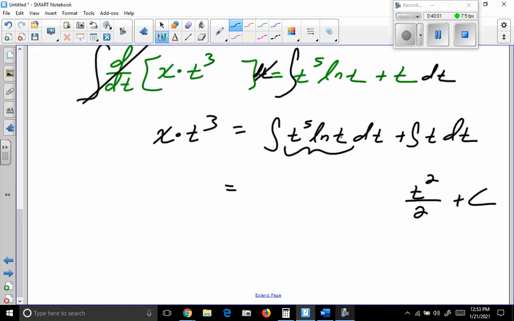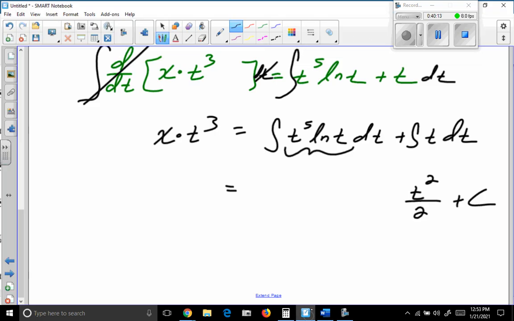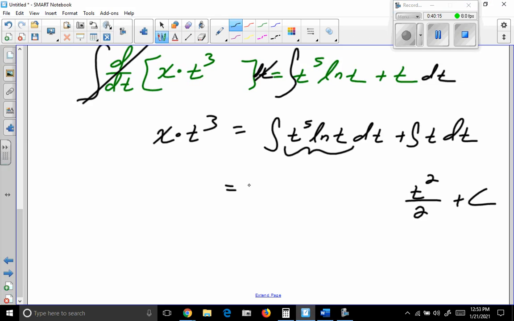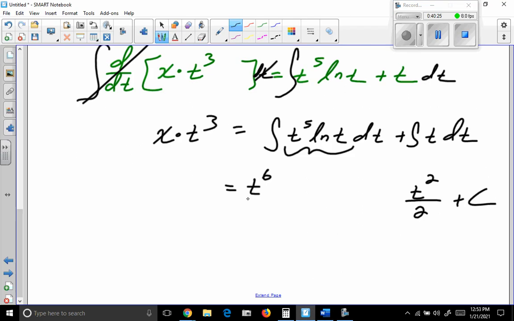Notice that's what we have here. Here's our variable to a power, and this is the derivative of our variable. So that integral is going to be our variable to the 1 greater power over that same power squared.